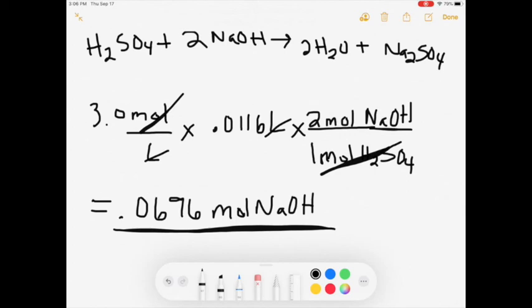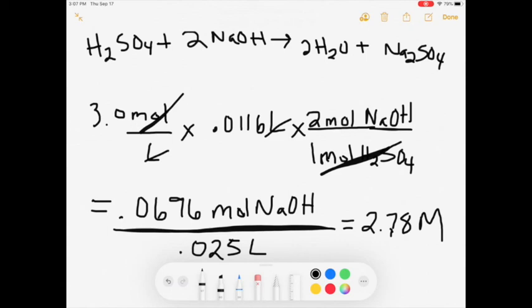They gave us 25 mL of sodium hydroxide, but divide that by 1,000 and I have 0.025 liters. So that's going to give me a concentration of 2.78 molarity.